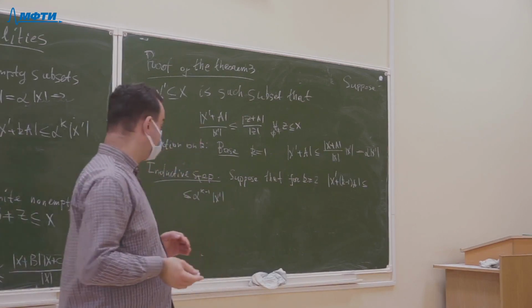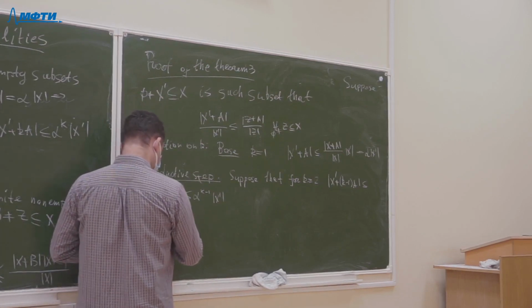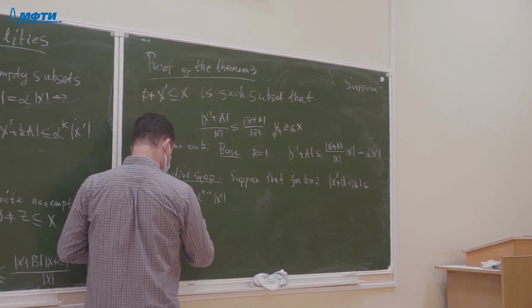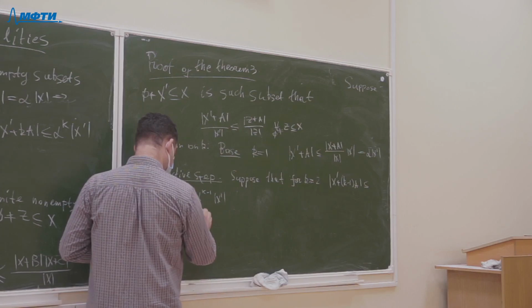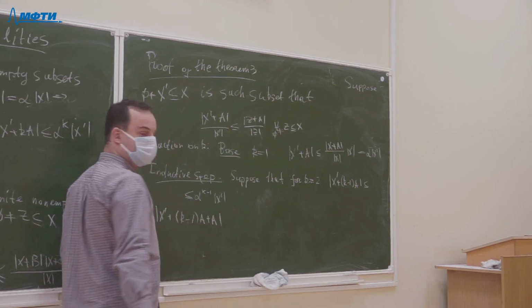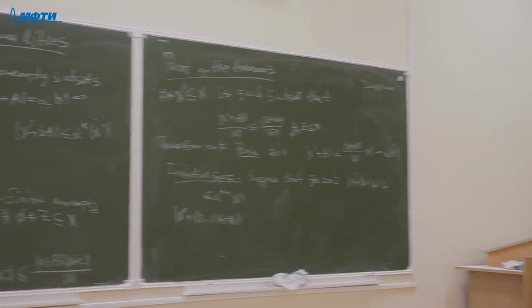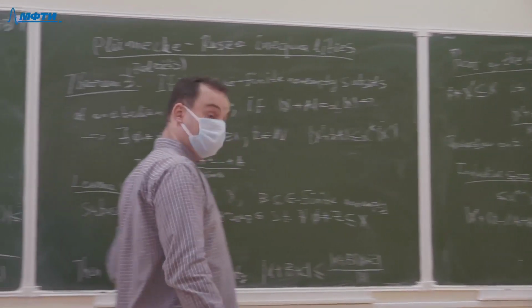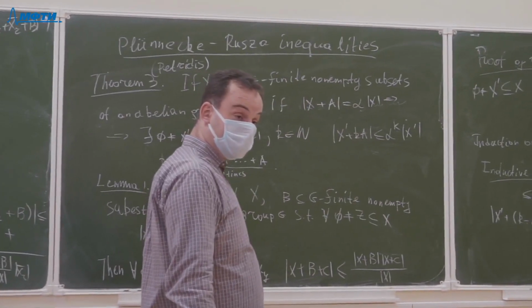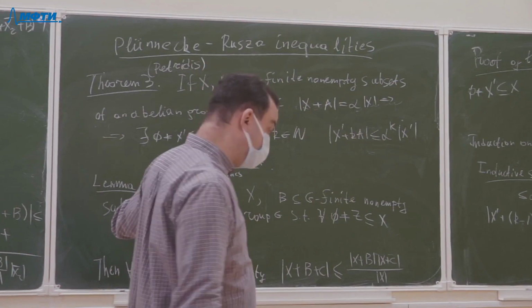Right. Well, let's take x prime plus (k minus 1)a plus a. By lemma 1, look, by lemma 1, x prime falls under the condition of lemma 1, right? It satisfies the condition of lemma 1.